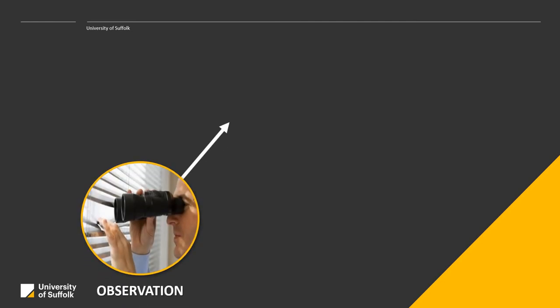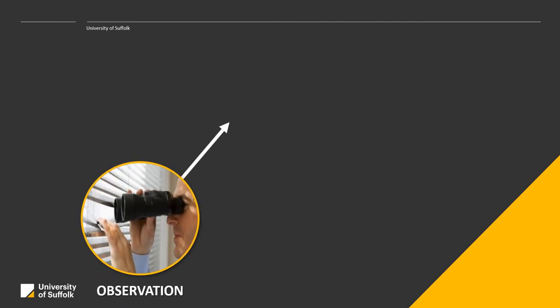I've simplified this a bit just to keep things nice and simple to get started. This is somewhat familiar to what you may have seen in level 4 during the science and sport module. There is a cyclical model in this case with motion analysis that begins with an observation.